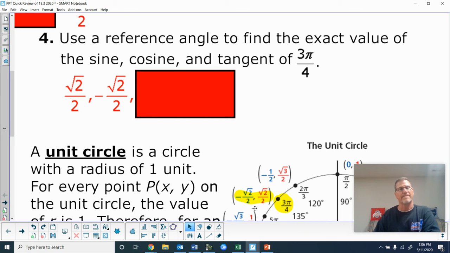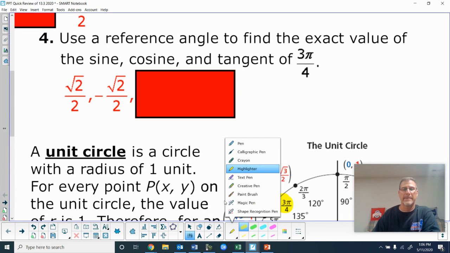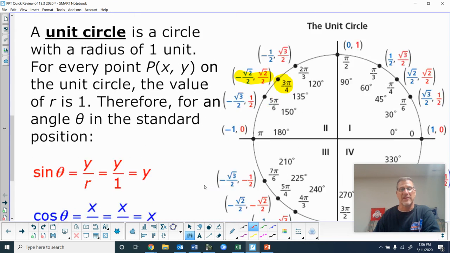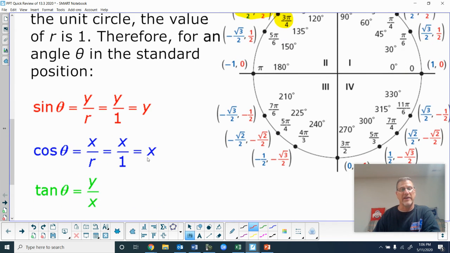Remember, sine is the y, which is the blue one, and cosine is the x, which is the red one of our point. Now, tangent is the y over the x.